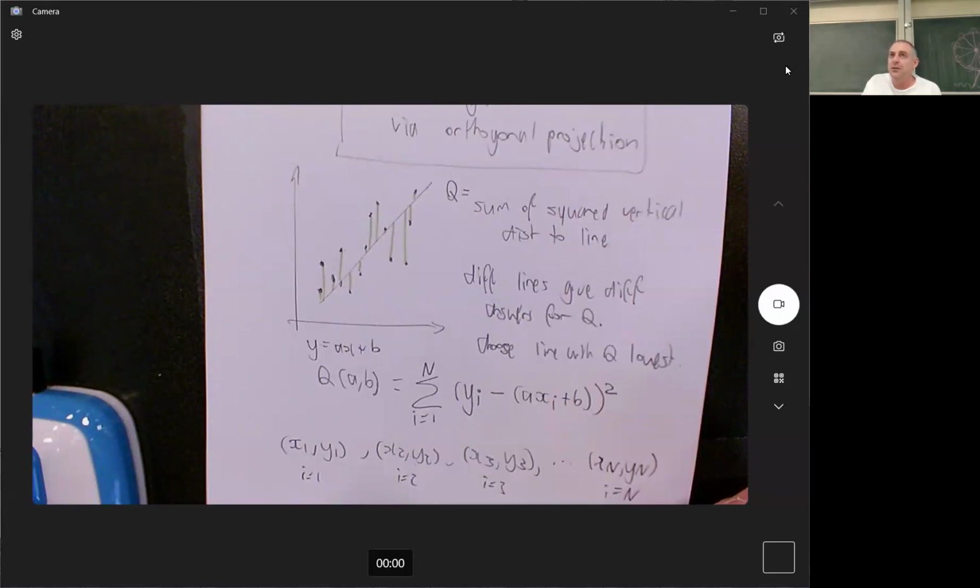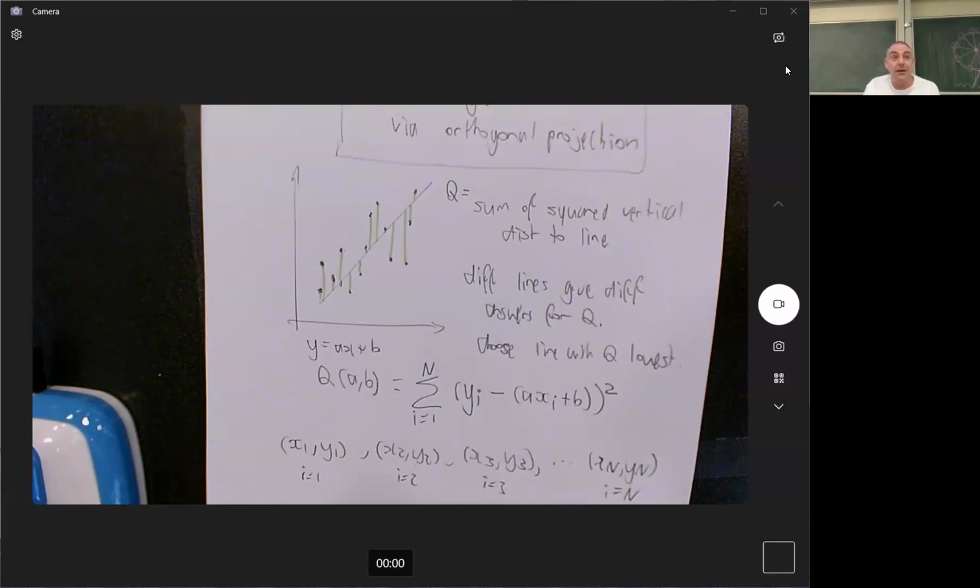Squaring is much easier to deal with if you're going to do calculus on it. Absolute value calculus is harder. But also the real reason is that you're not really in 2 dimensions here. You are really in n dimensions.